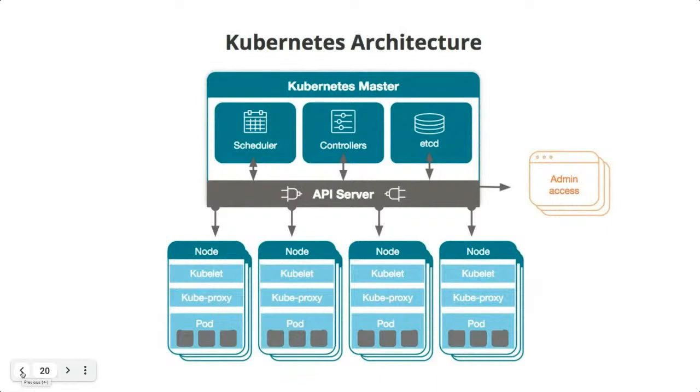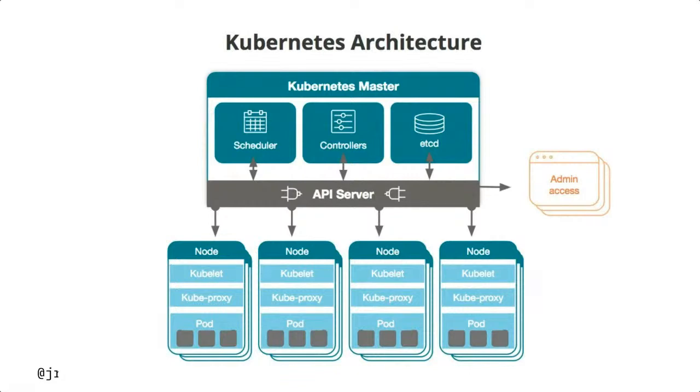So those container images that we saw before. As you can see here, this is kind of what it looks like. We have our scheduler, controllers, making calls to our API server, and then we have different nodes containing our kubelet, our kube proxy, and our pods at the bottom there.